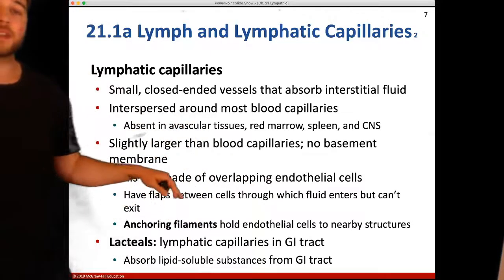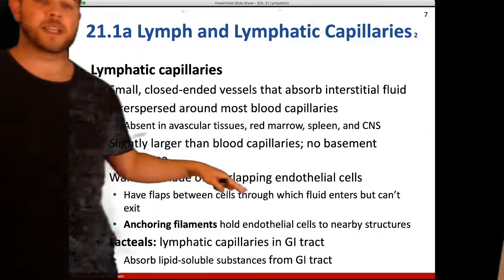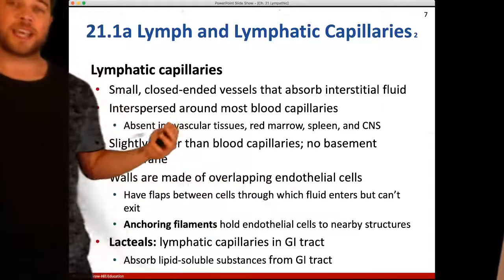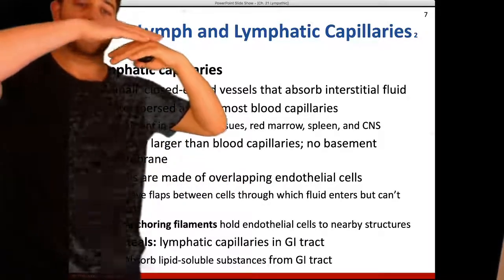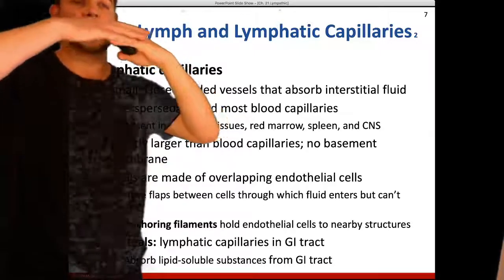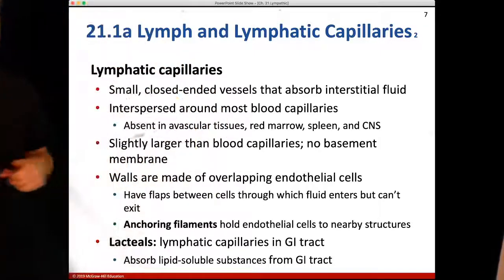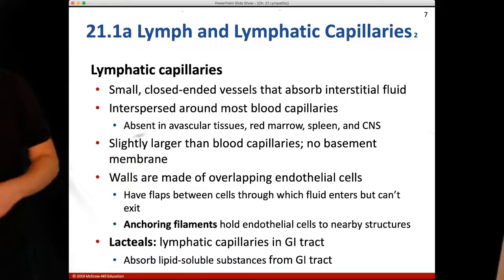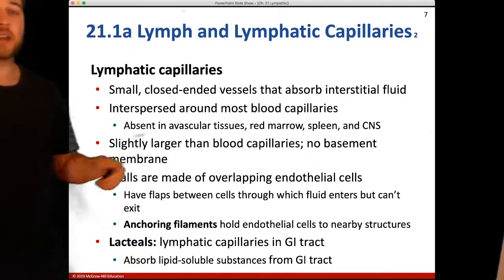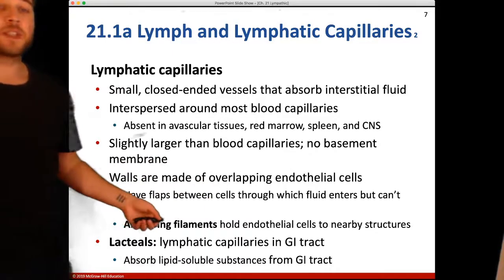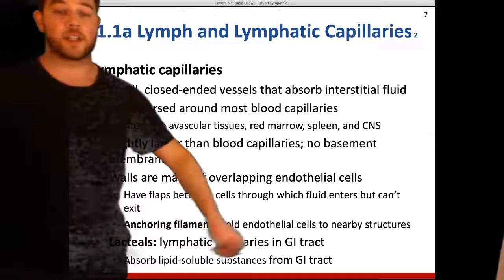These have flaps. These are the flaps between cells through which fluid enters but can't exit. So they're just kind of stacked one on top of each other. So fluid can kind of come in and push them open a little bit, but it can't then go back out. The anchoring filaments help hold them to nearby structures since they don't have that basement membrane. And specifically, lacteals are lymphatic capillaries found in your GI tract.